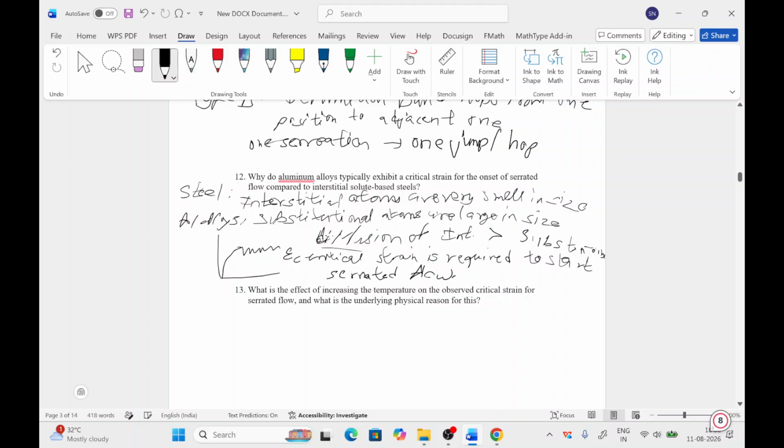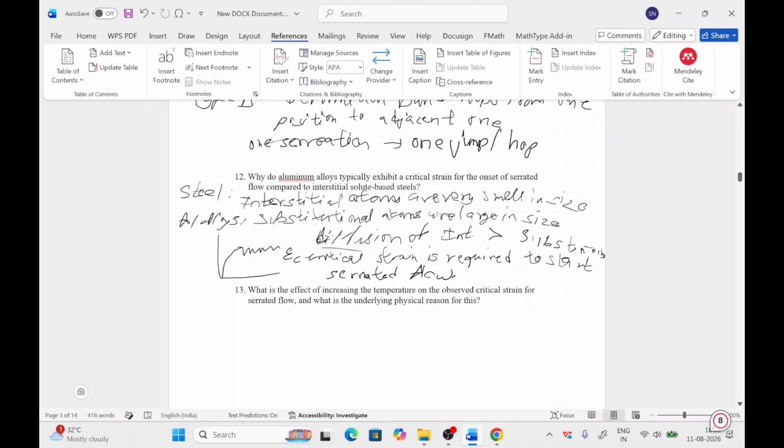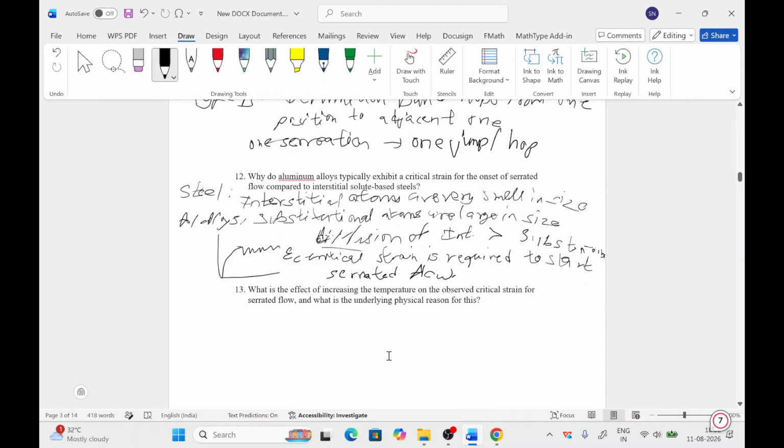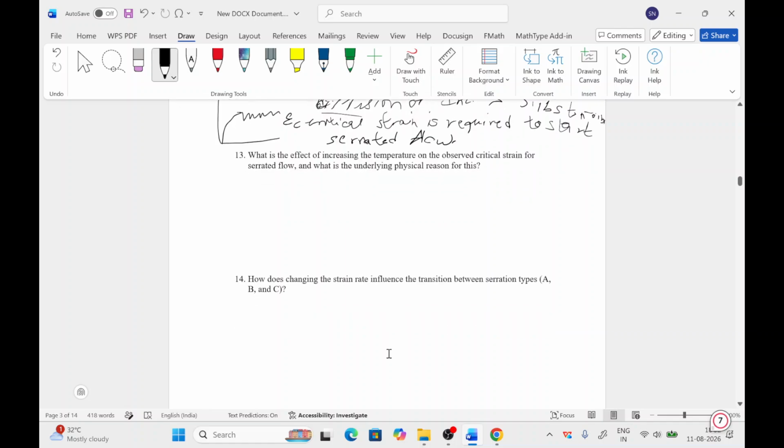Next question is, what is the effect of increasing the temperature on the observed critical strain for serrated flow, and what is the underlying physical reason for this?